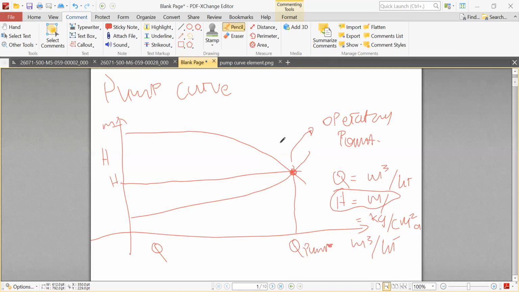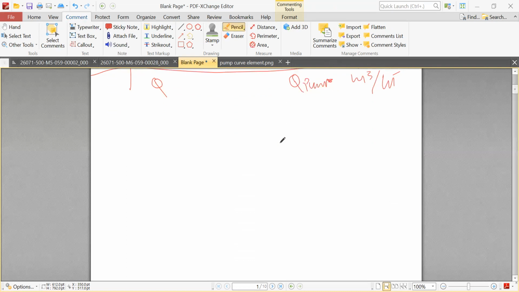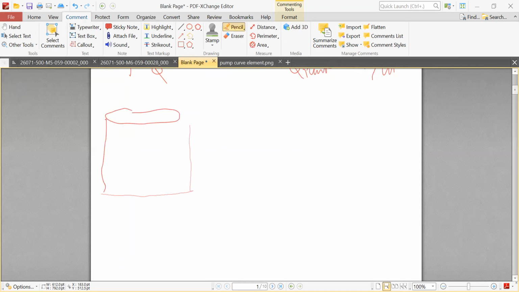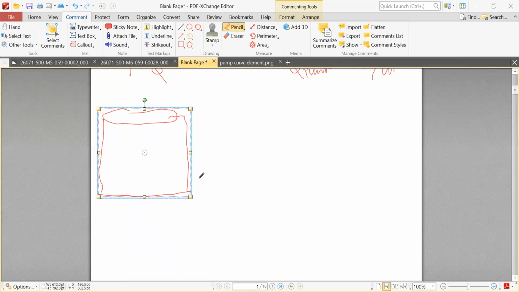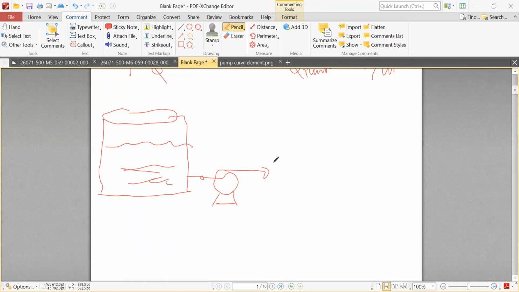Okay, in our actual plant, if you install the pump here, this pump will basically extract the fluid from this tank to the desired destination, maybe another tank.